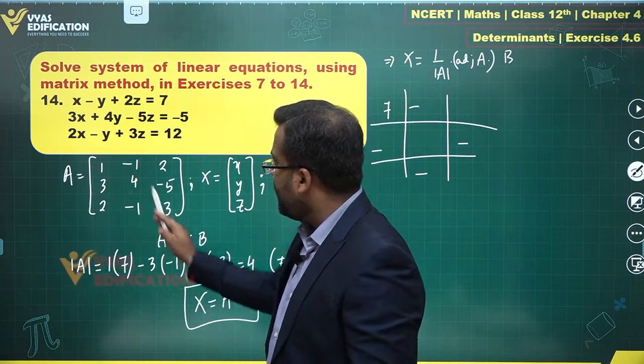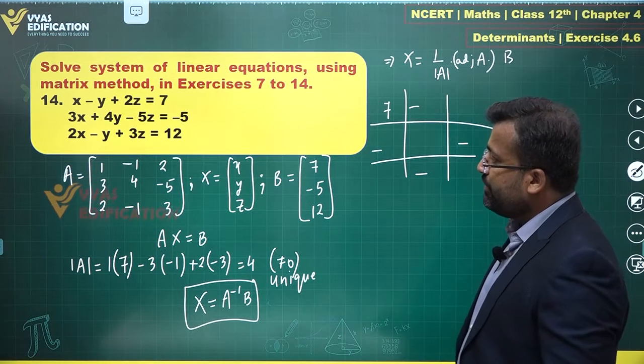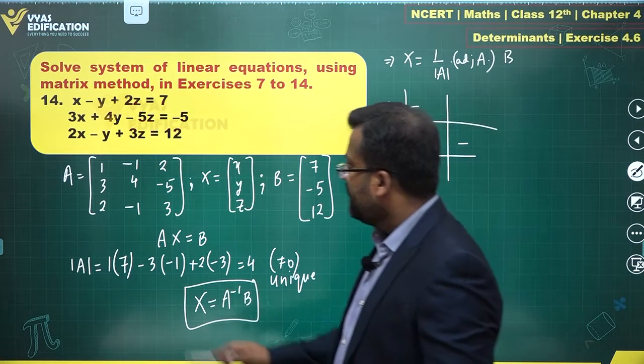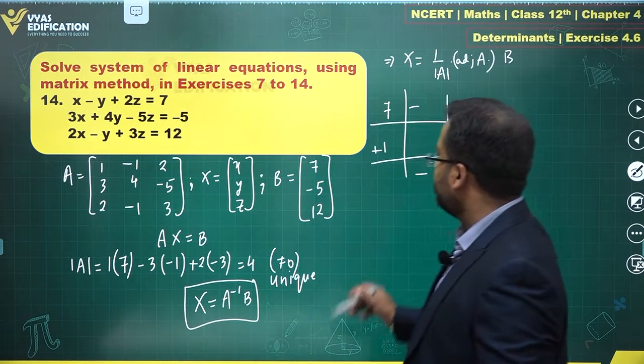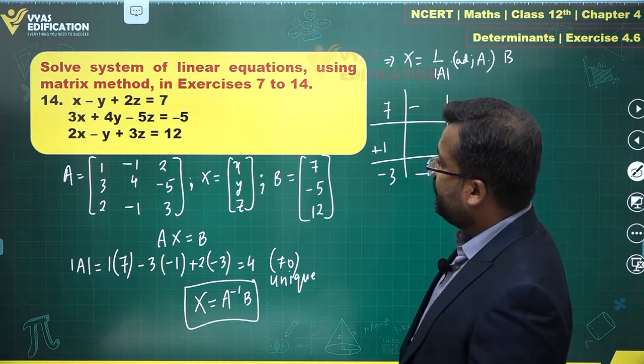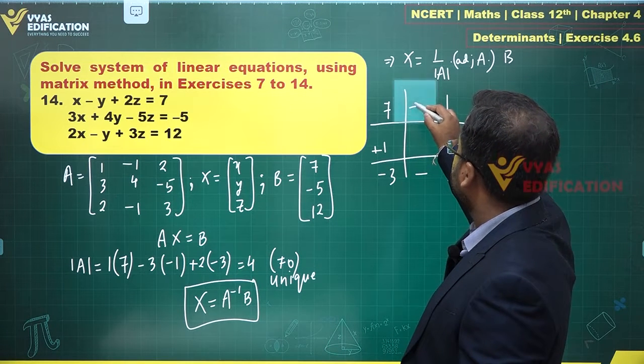For this matrix, you have minus 3 and plus 2. Minus 3 plus 2 will be minus 1, and there's an extra minus, so this becomes plus 1. For this, you have 5 minus 8, which is minus 3. Okay, we used all of these things over here. Next, for this element, you have 9 plus 10, which is 19.